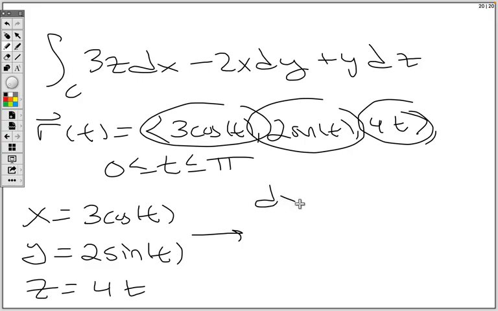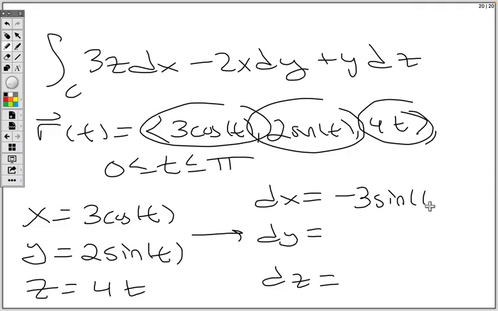And from here I can calculate my differentials. My derivative of x with respect to t is minus 3 sine of t, and to get the differential you tack on the dt.